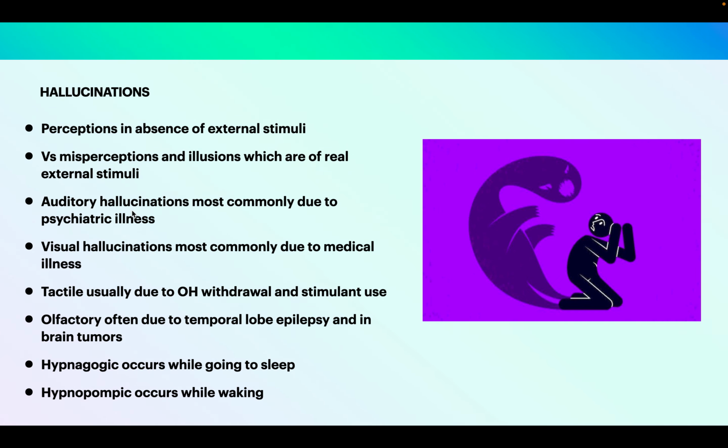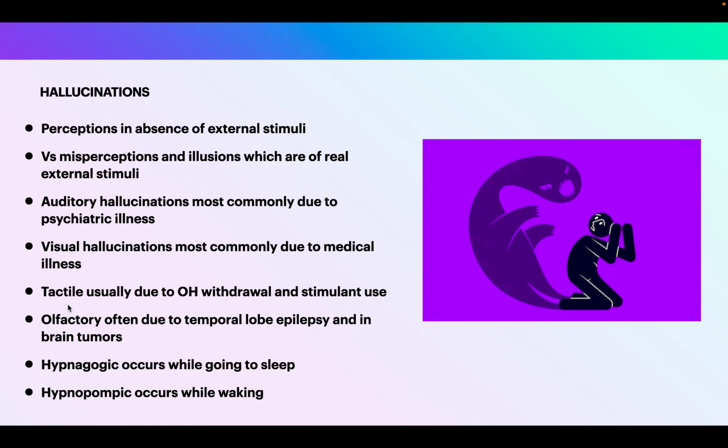Auditory hallucinations are the most commonly due to psychiatric illness. So whenever somebody is saying they're hearing voices, you should already start thinking about schizophrenia. Visual hallucinations are most commonly due to things such as a UTI. So when they're saying, "Oh, there's snakes on the walls," it's generally some little old lady that's been in the hospital for a while.